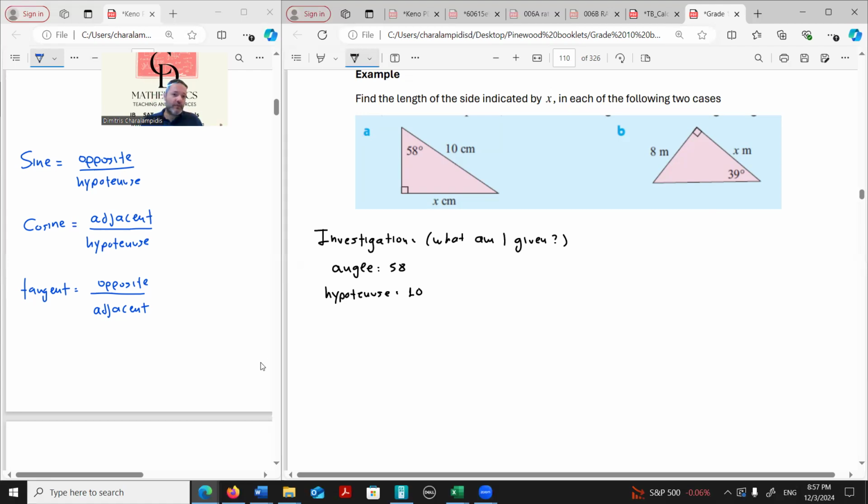With regards to 58, which is my selected angle, x is the opposite. So the opposite is x. Which trigonometric ratio combines them? Is it the sine, the cosine, or the tangent? Angle, opposite, hypotenuse. It should be the sine.